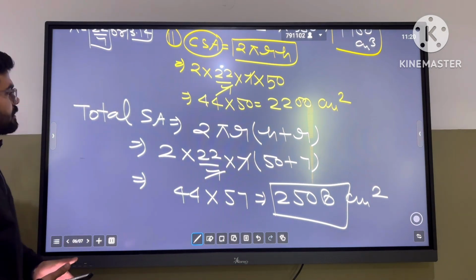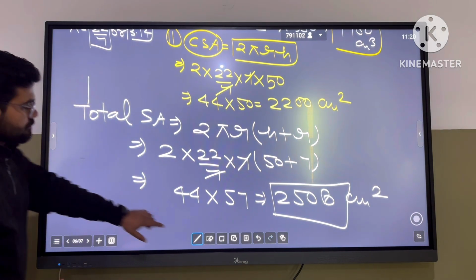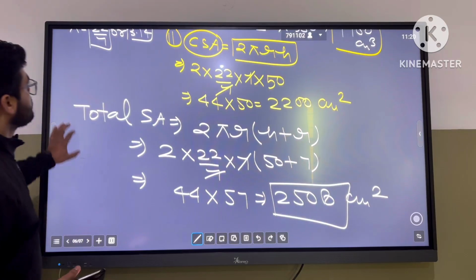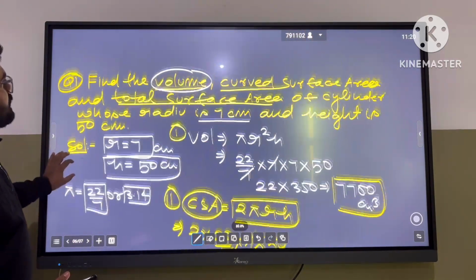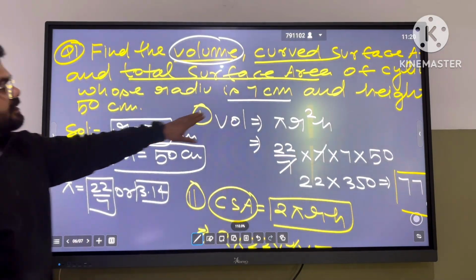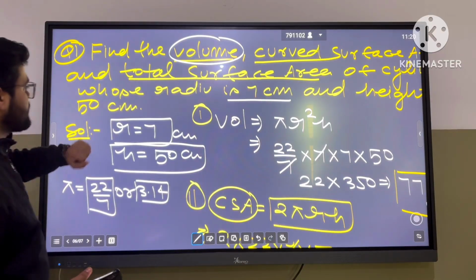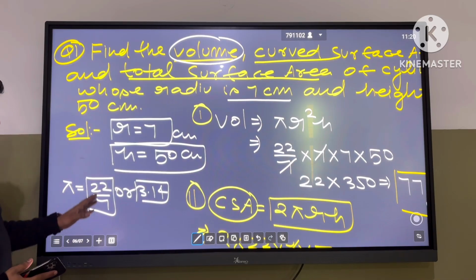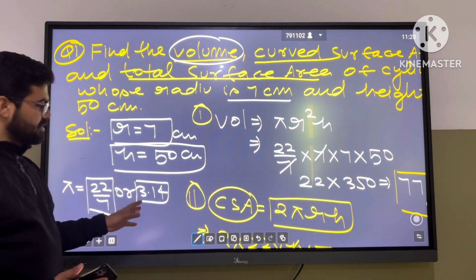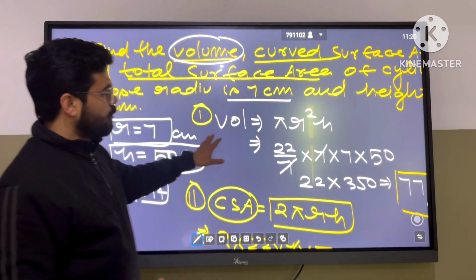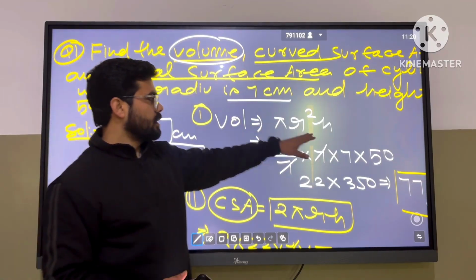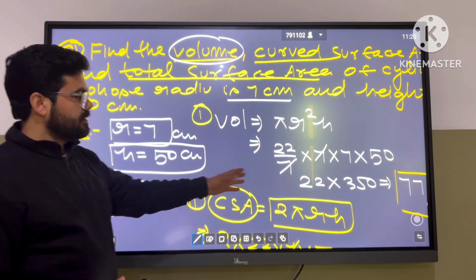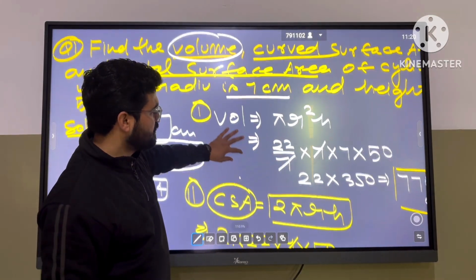So dear students, in this question, we have given a radius 7 centimeter and height is 50 centimeter. So value of pi is 22/7. We will use the value of pi 22/7 and 3.14 in decimal in every question. So volume, the formula of volume pi r square h, putting the value of r and h to find the answer.